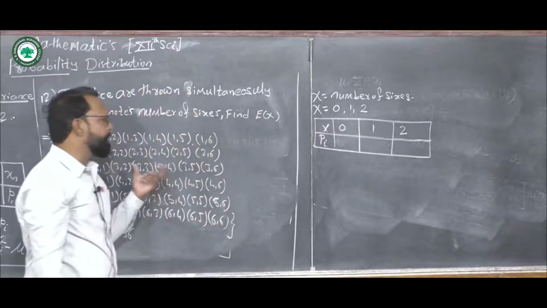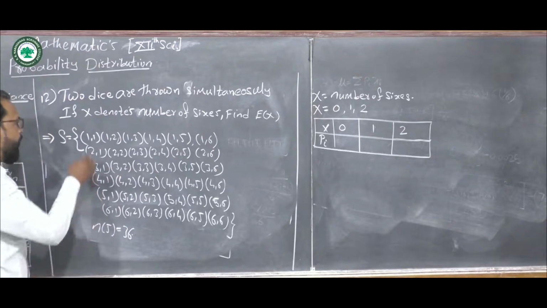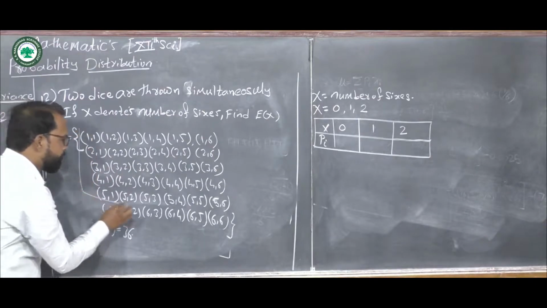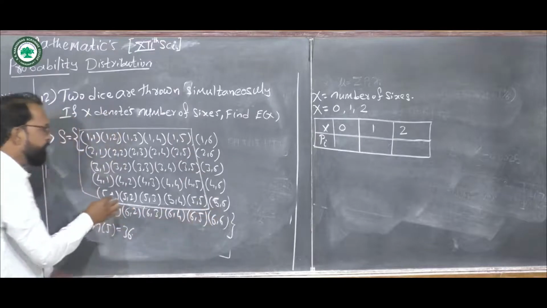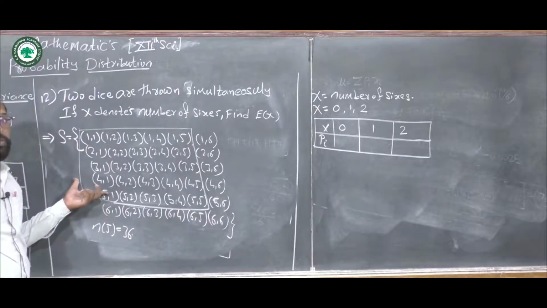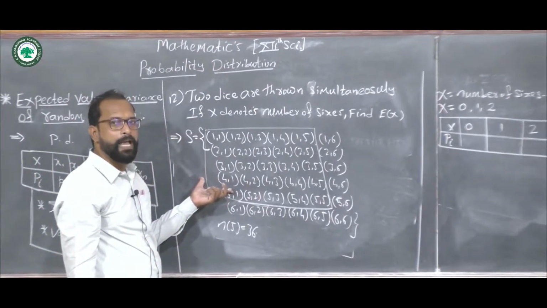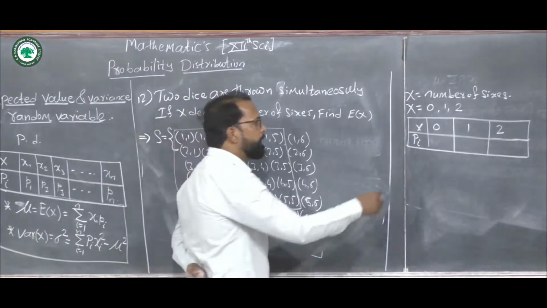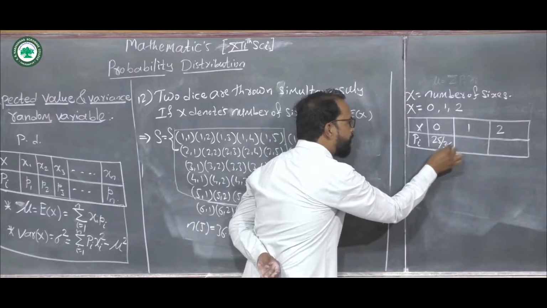Now observing this sample space, there are 25 outcomes in which no six appears. So the probability for x equals 0 is 25 upon 36.